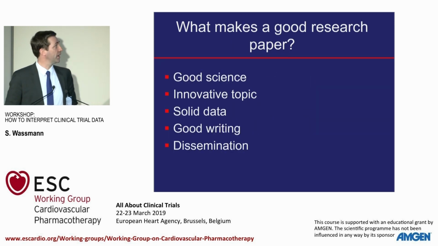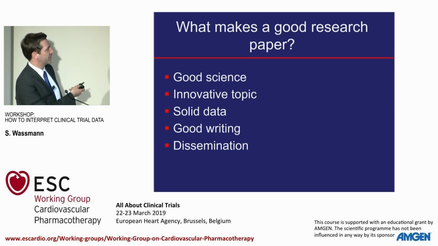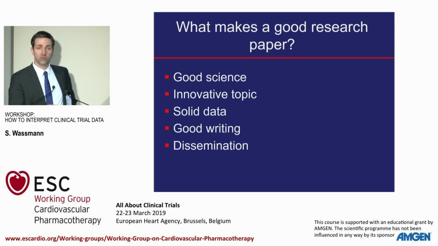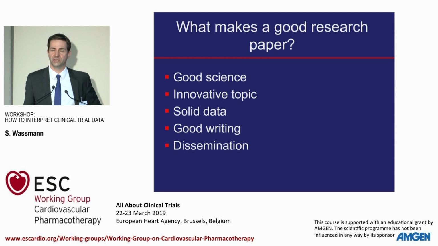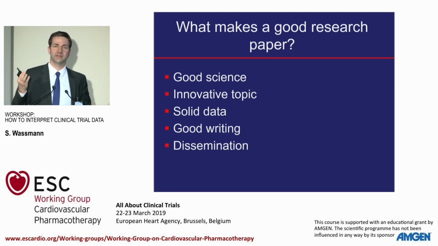Good. What is a good paper? Good science, obviously. Innovative, that's the most important thing. You have to have a good idea, solid data, and good writing. You have to be good in your manuscript because you always have to keep in mind the guys who review your manuscript don't take much time.